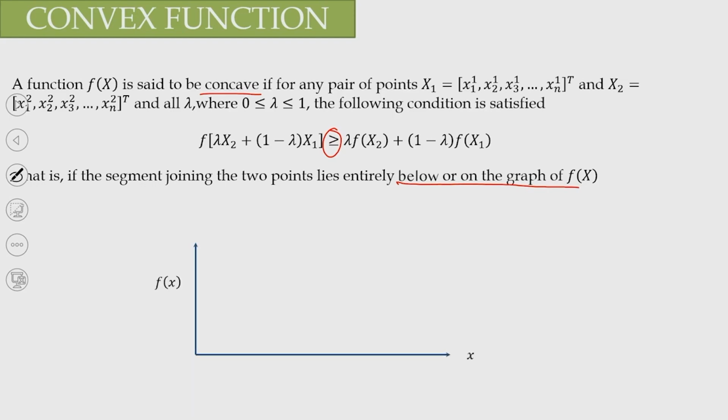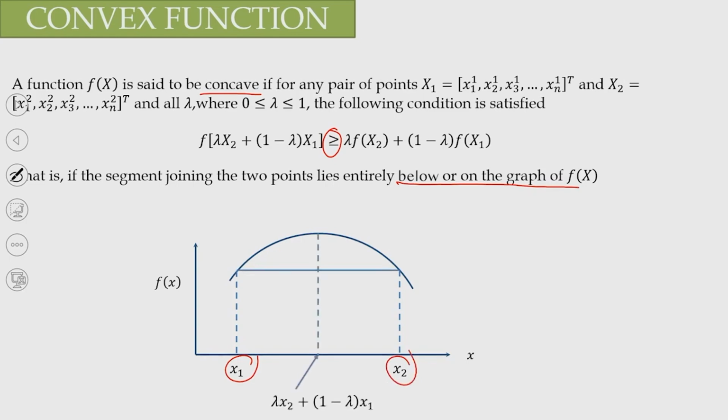This is again the function, and I said that this is a concave function. Now, if I take 2 points, x 1 and x 2, and join them with a line, this particular point is lambda x 2 plus 1 minus lambda x 1, and this is your A, which is f of lambda x 2 plus 1 minus lambda x 1.